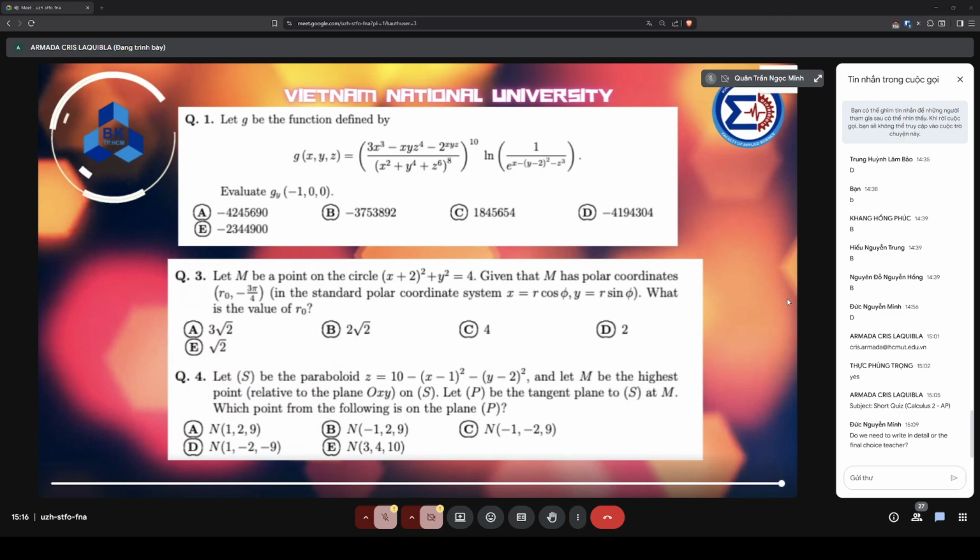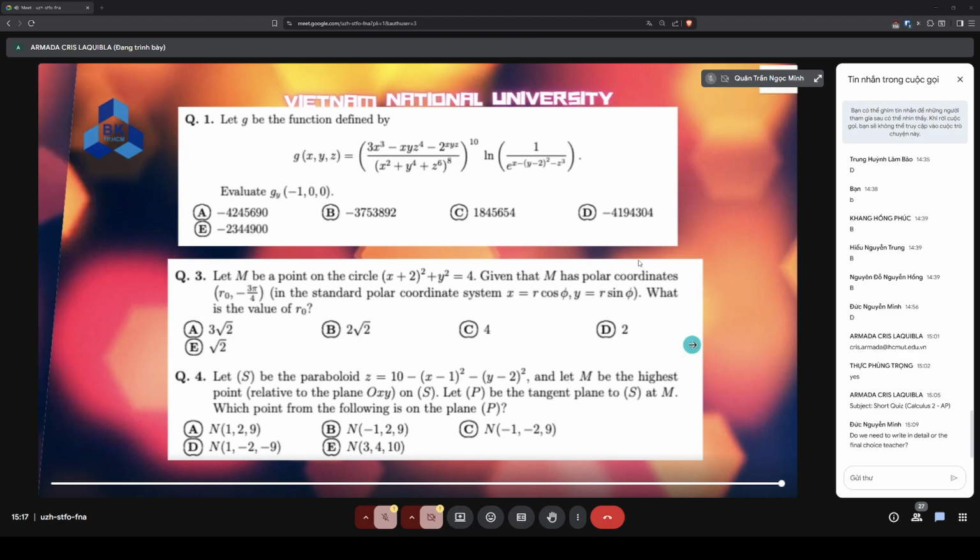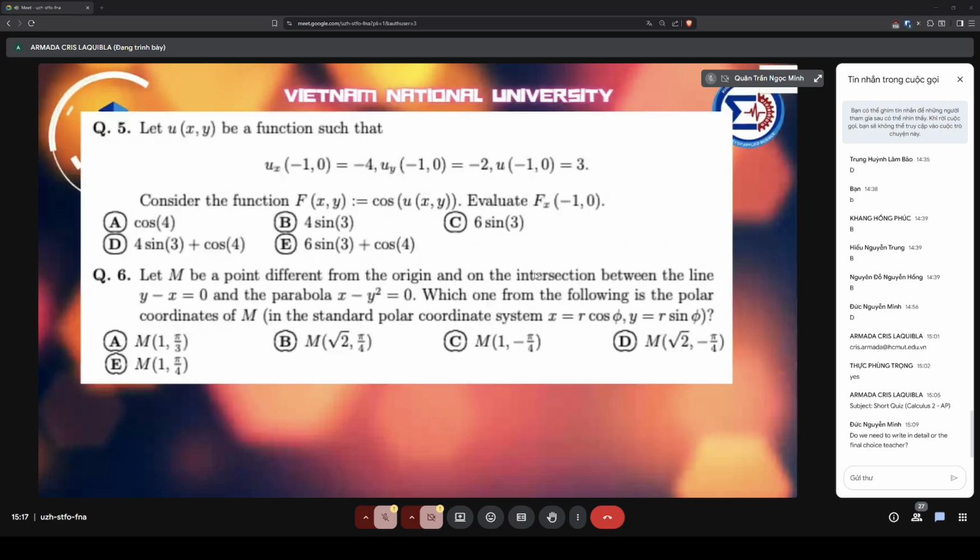Again, short as possible. If you can calculate it with your calculator, do not make it detailed. Okay, next, this question 5 and 6.